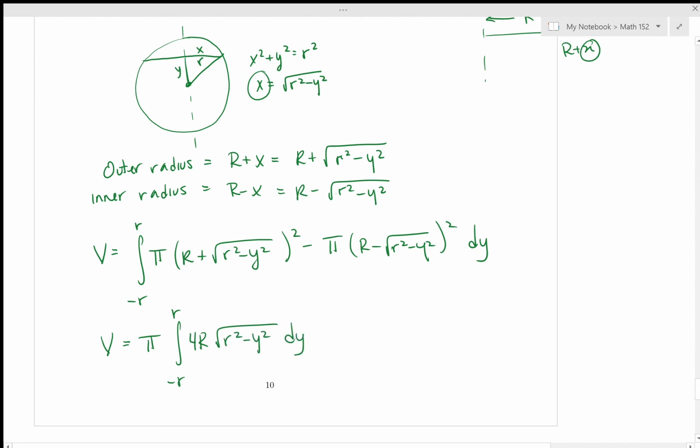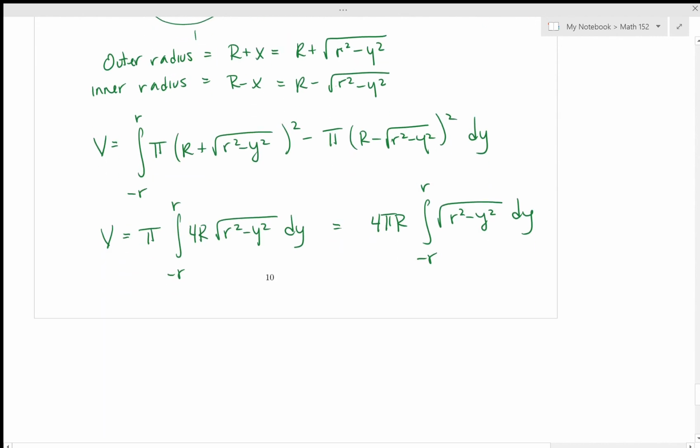Why don't I make it hopefully clearer by moving everything outside the integral that doesn't depend upon y. And I'm left with this thing here, the square root of r squared minus y squared dy. Okay, this looks hard. We've set up the integral, but this does not look so easy to evaluate.